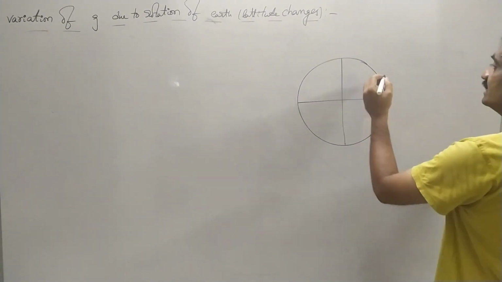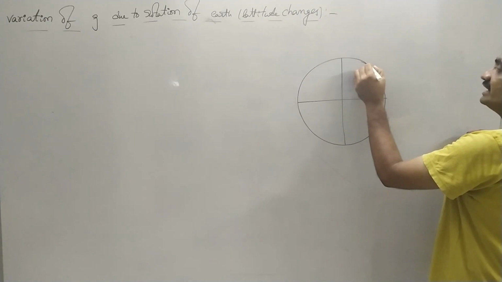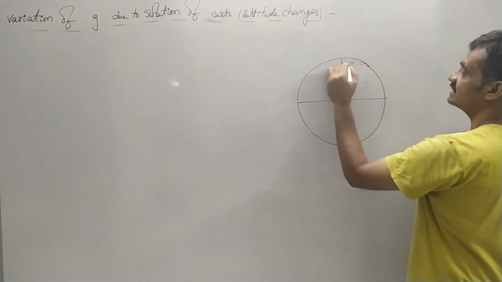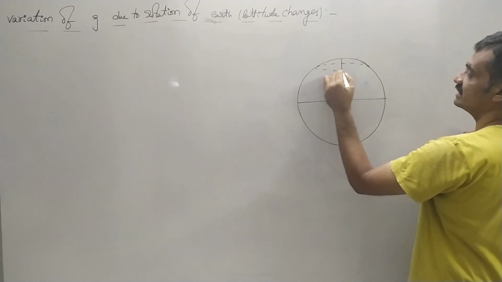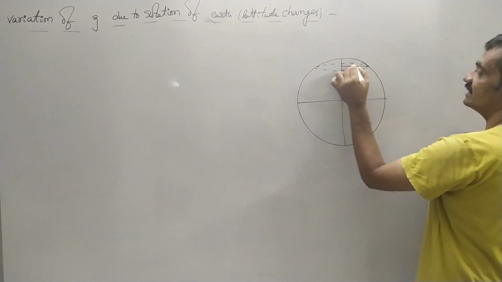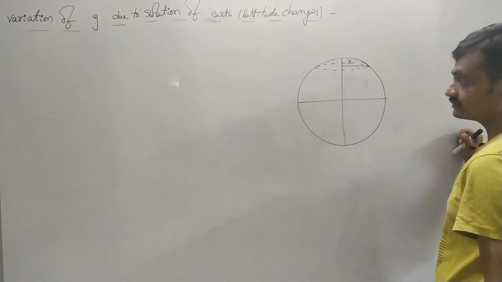In order to represent that, here we consider a body at this location, and the body is rotating at this position with a radius small r.